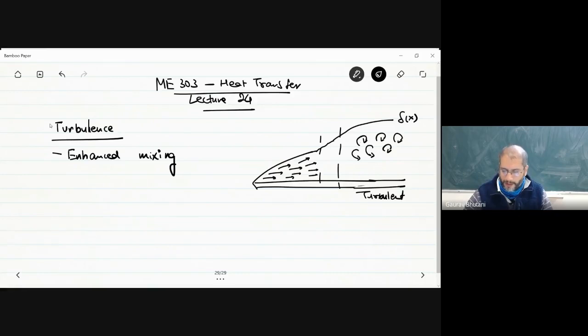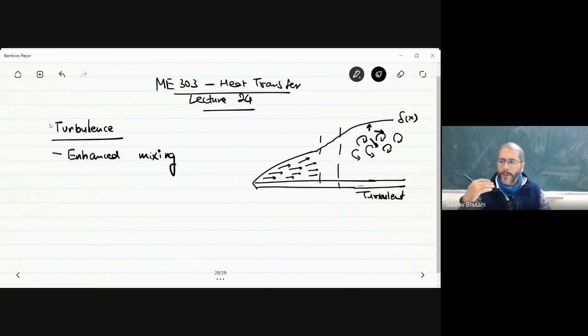At any instance, the flow may be in this direction in some places, and in other places it will be in a different direction. So rather than having just an x component, there will be random y components as well. If a molecule has a y component, that means it will move up. So it will jump from layer to layer.